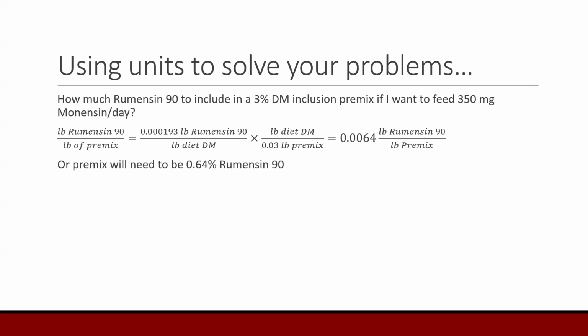I don't remember exactly if it's 100% correct, I think it is. You can do that same math to figure out what your inclusion of that type A needs to be in your type B. That make sense? Okay. What is type A medicated feed? Type A medicated feed is what?